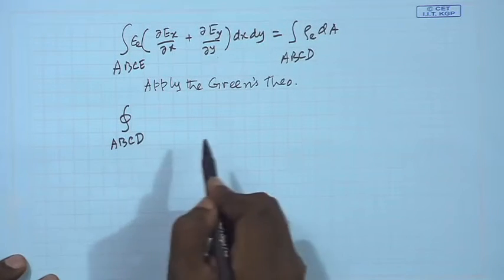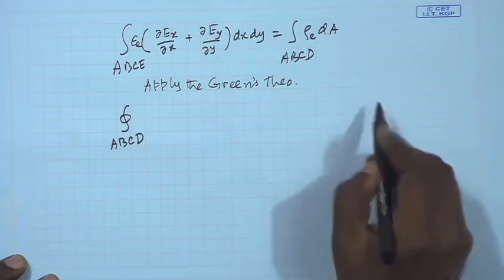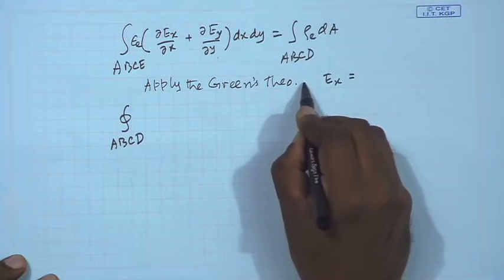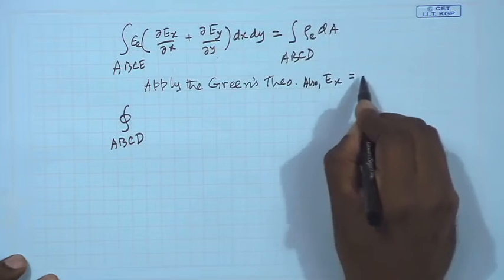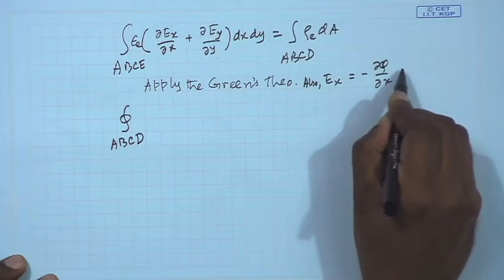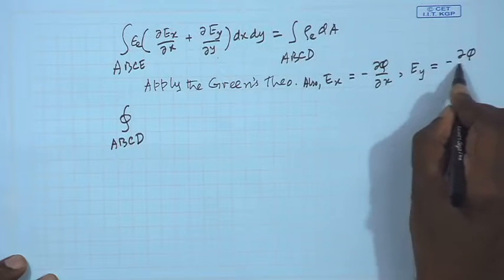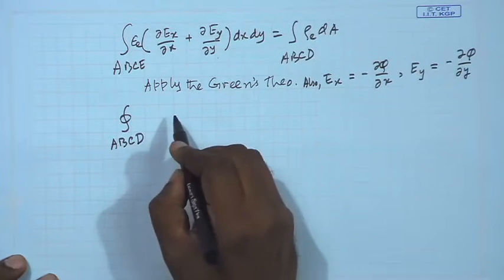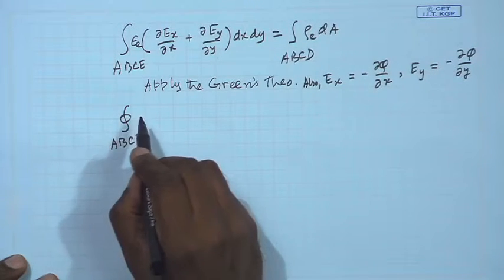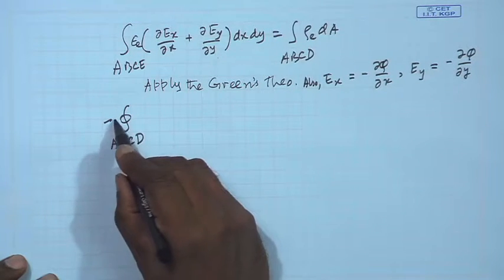Also note that Ex equal to minus del phi del x, where phi is the potential, and Ey equal to minus del phi del y. So one can write this as the integral over ABCD.